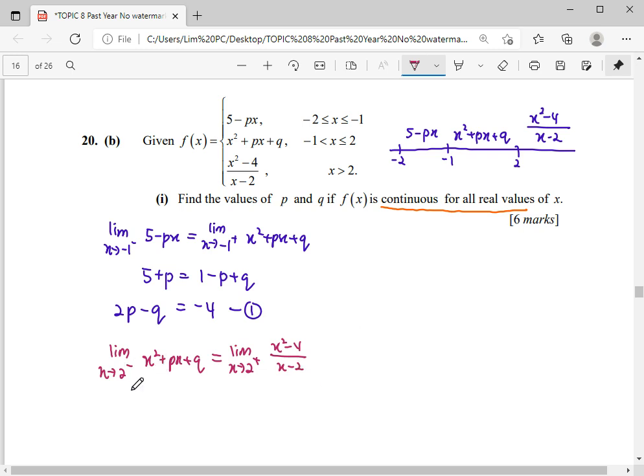For the left-hand side, we can find our limit, which is 2 squared, 4, plus 2p plus q. But on the right-hand side, our limit notation still needs to carry on because we need to simplify the function first. x squared minus 4 will be x minus 2 times x plus 2.